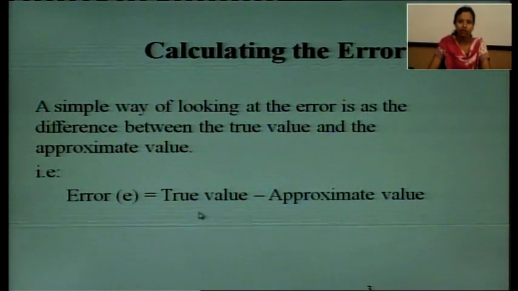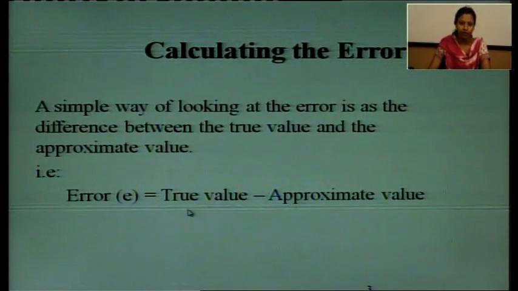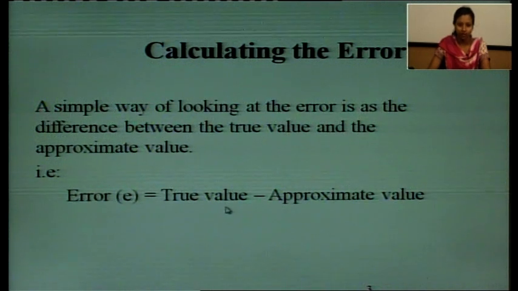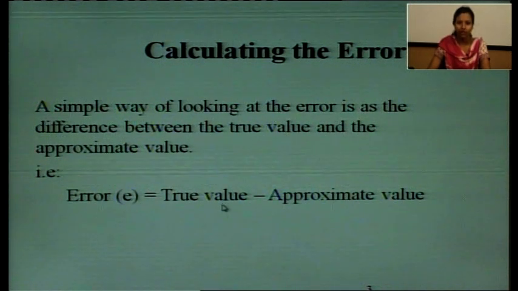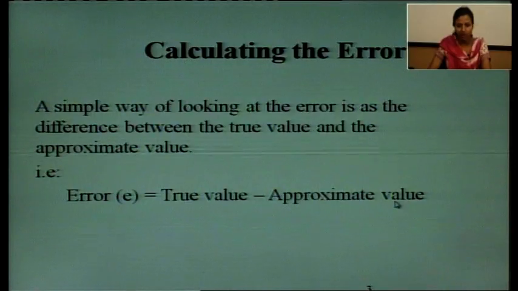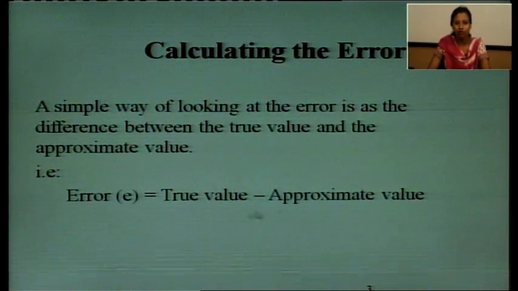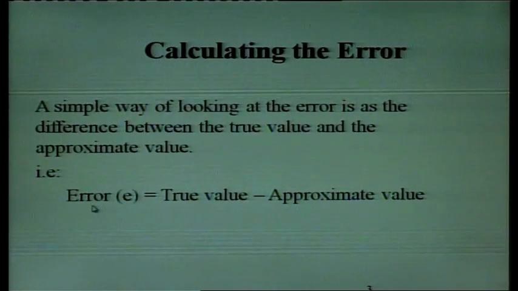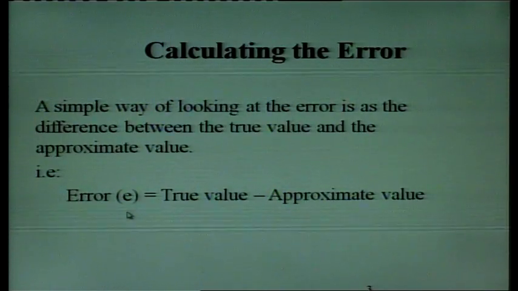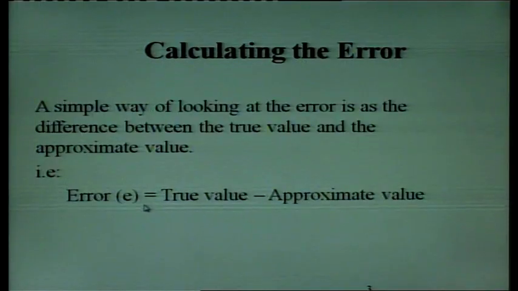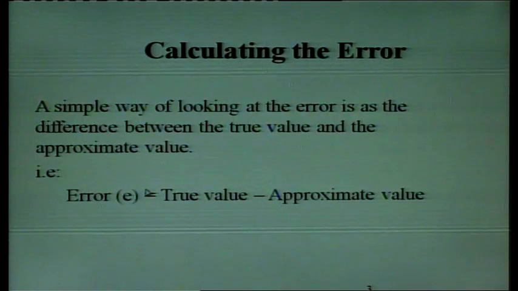Suppose the true value is x and the approximate value is y, then the true value minus the approximate value is called error. Although it is not very easy to calculate error in each measurement, we can find the different reasons from where we get that error.